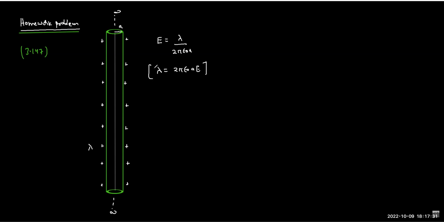Now to find the current due to the motion of this cylinder at a velocity v, you can draw any cross section which covers the entire cylinder. So draw any random cross section like this. And now imagine, in time dt, how much length of the cylinder will cross this cross section.